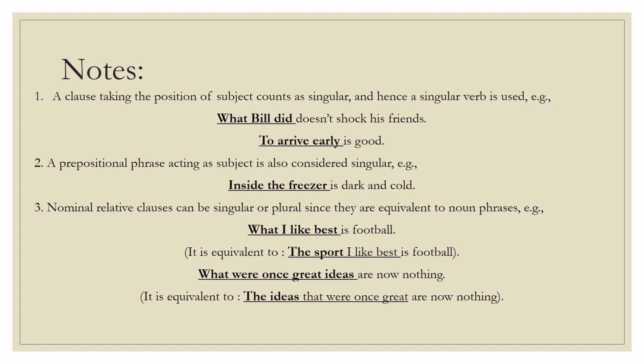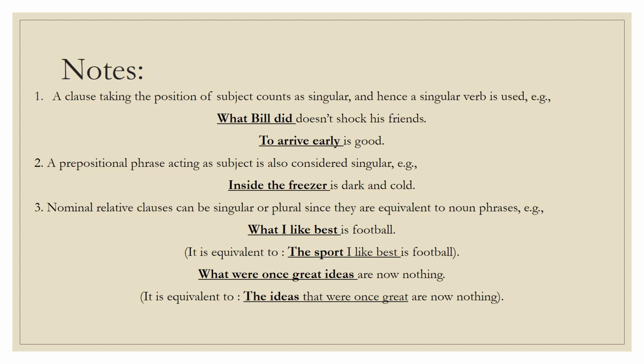Another example, what were once great ideas are now nothing. So the subject here is what were once great ideas. This is again a nominal relative clause. Okay, and later, when we study the different types of clauses, we are going to see what we mean by relative clauses.